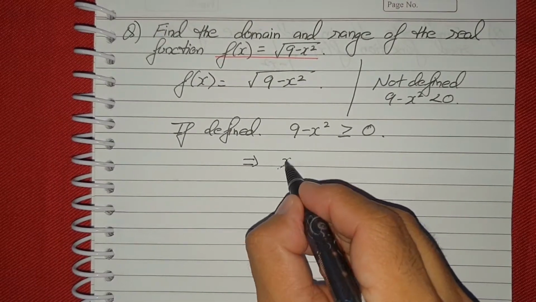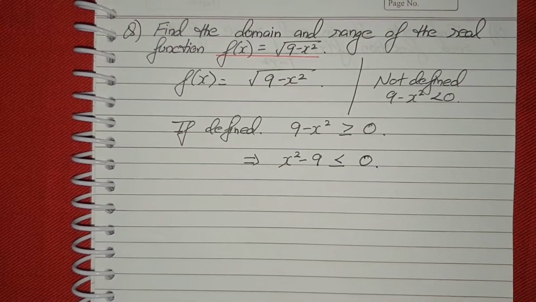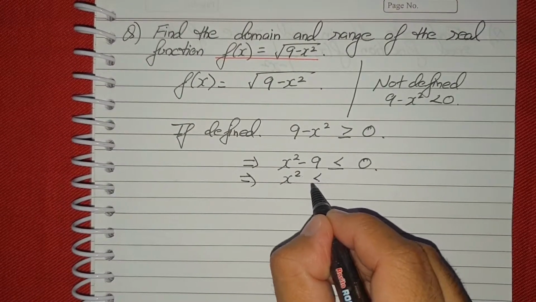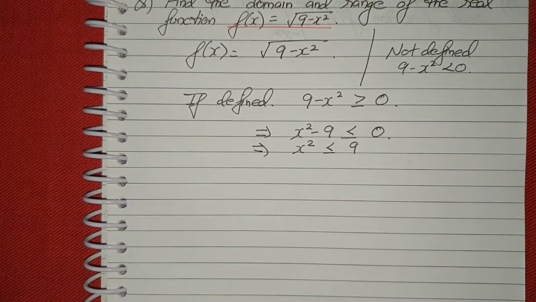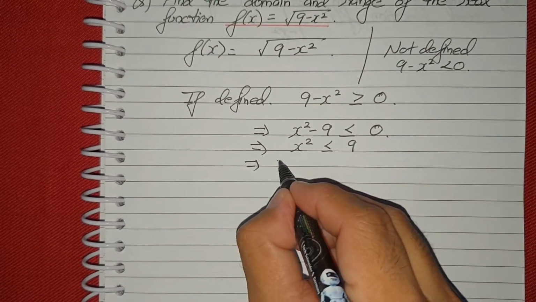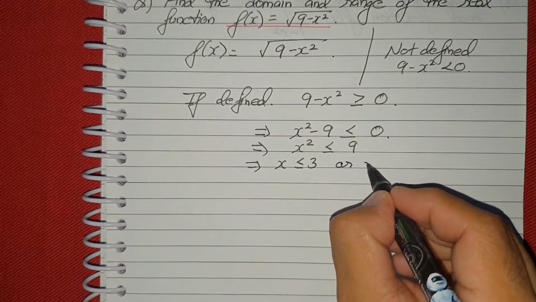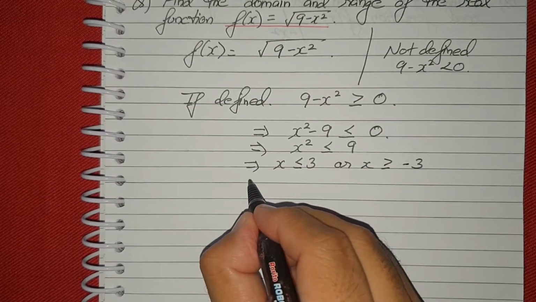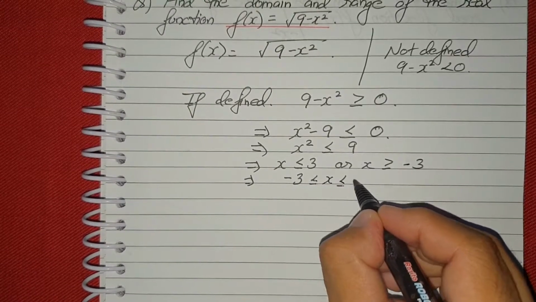So if we write this as x square minus 9, the inequality becomes less than or equal to 0. This implies x square is less than or equal to 9, which implies x is less than or equal to 3 and x is greater than or equal to minus 3, which is basically minus 3 is less than or equal to x is less than or equal to 3.